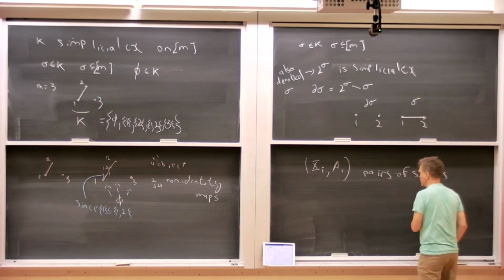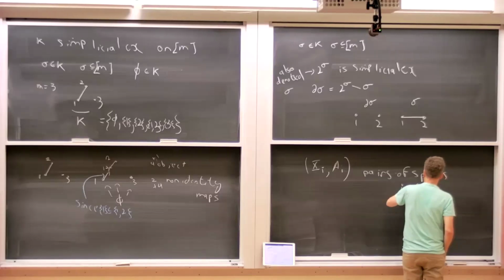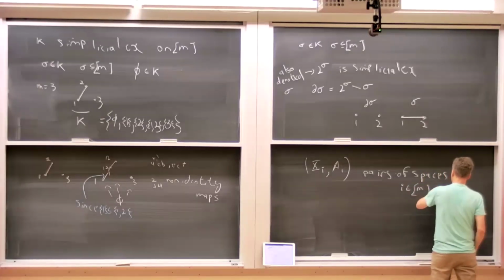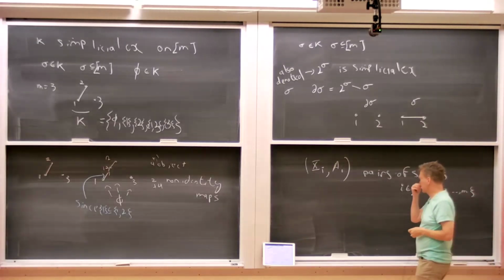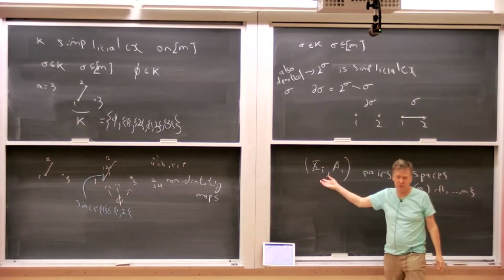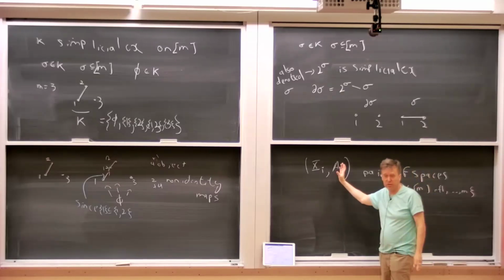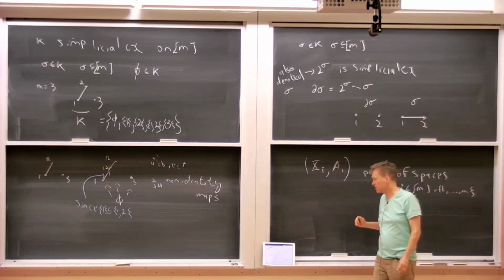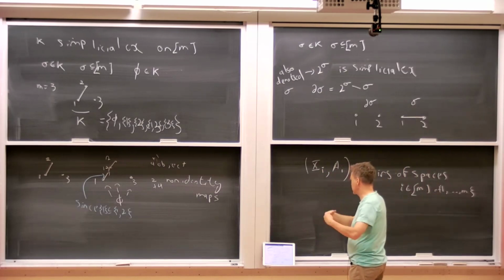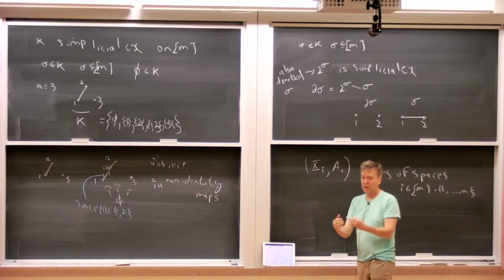This is just like in Martin's talk. So i is an element of m, and of course m is just the numbers from 1 to m. So we have pairs of spaces, and generally we want them to be nice pairs for things to work out, like CW complexes, and then it should be a relative CW complex, A_i inside of X_i. So you need some conditions on the spaces. You could do the construction for any spaces, but for nice properties, you need conditions on the spaces.